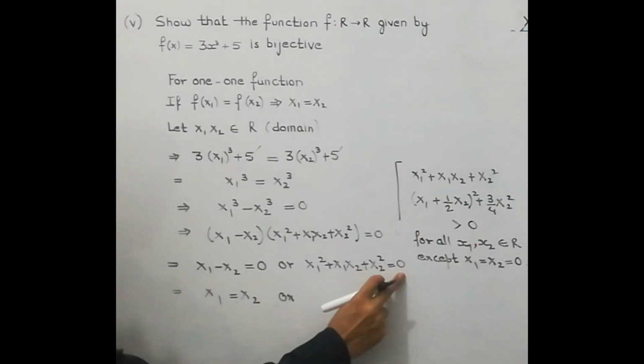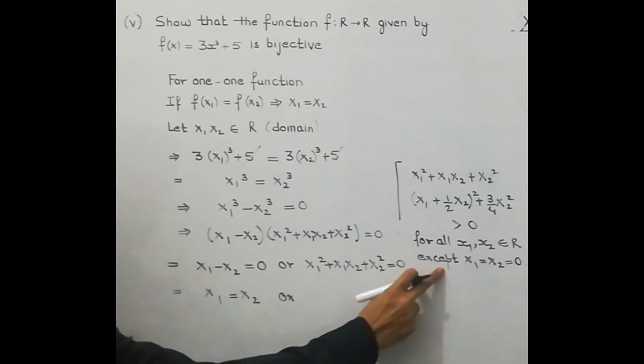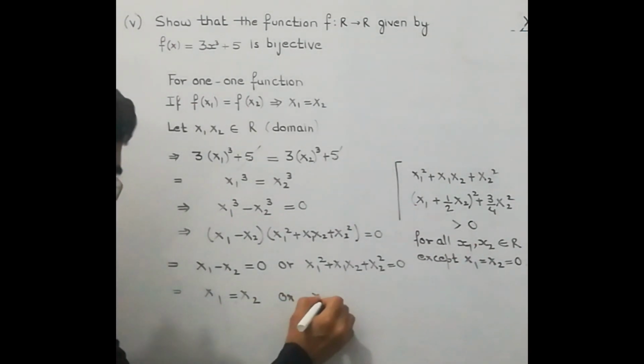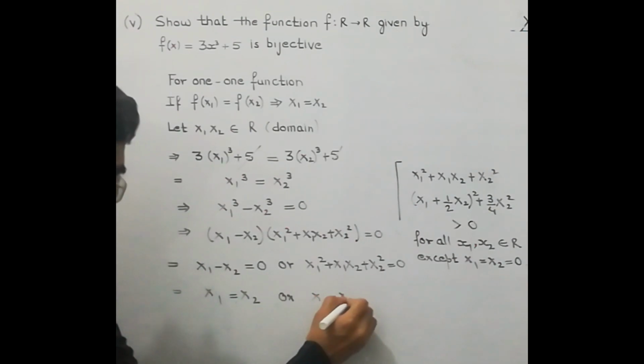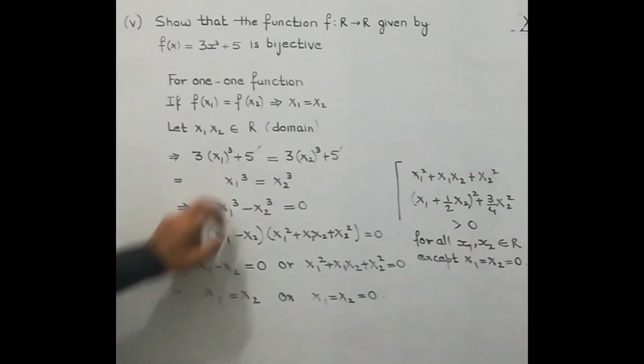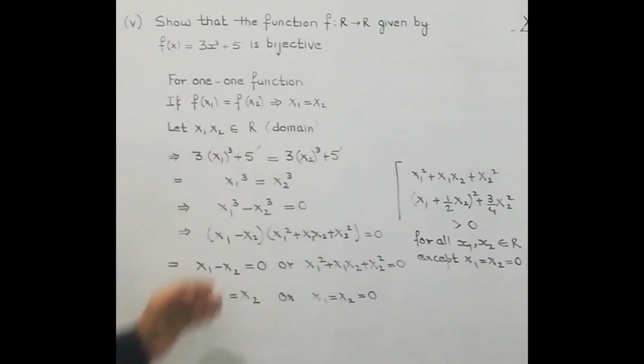Now this will be equal to 0 only when x1 is equal to x2 is equal to 0. So from here we are getting the relation x1 is equal to x2. Either you take this or you take this, we are getting x1 is equal to x2.